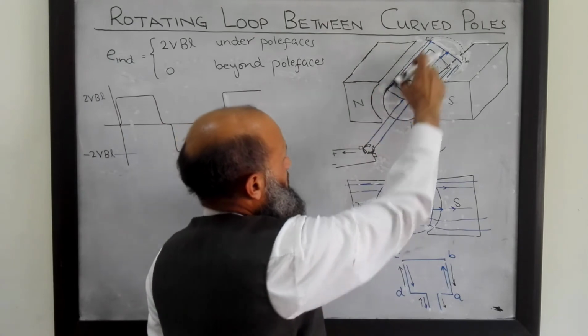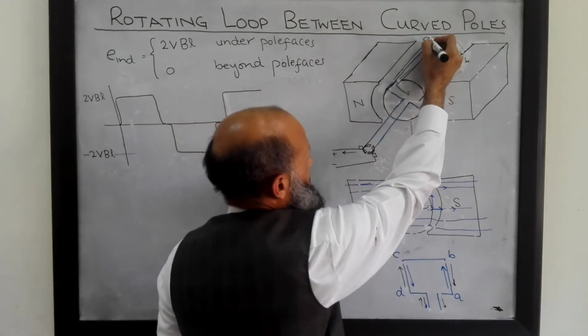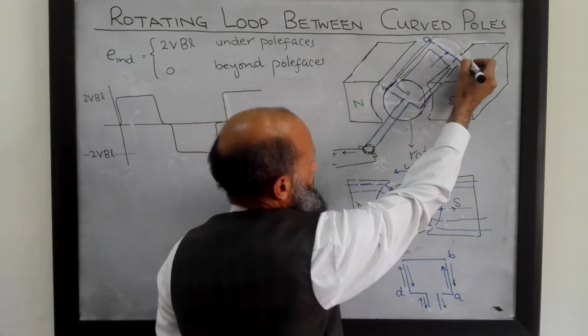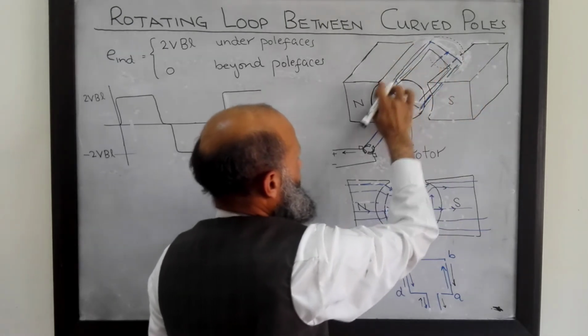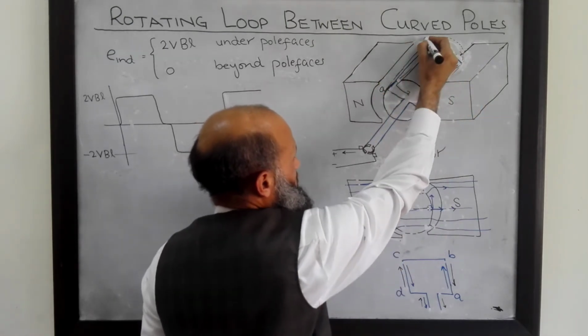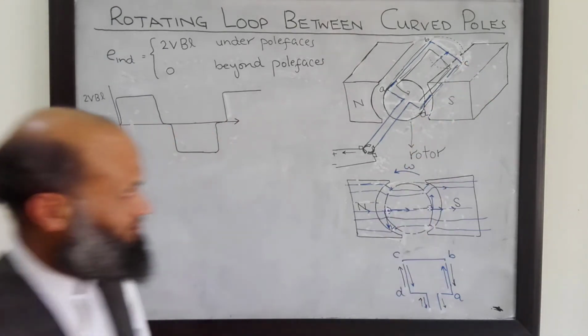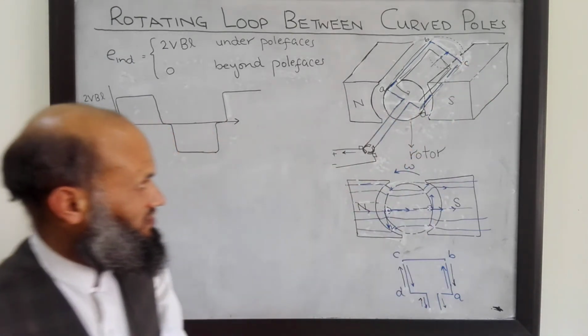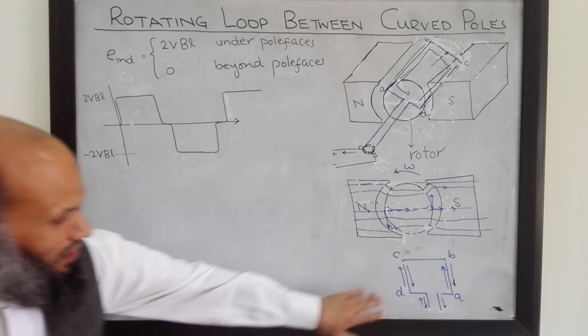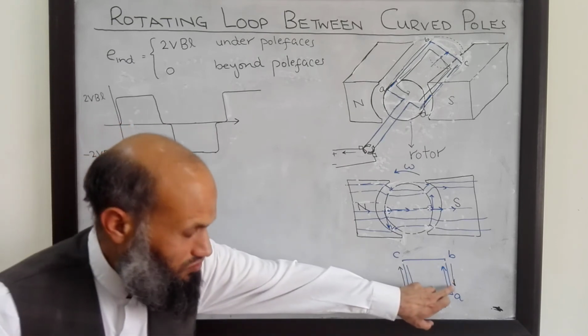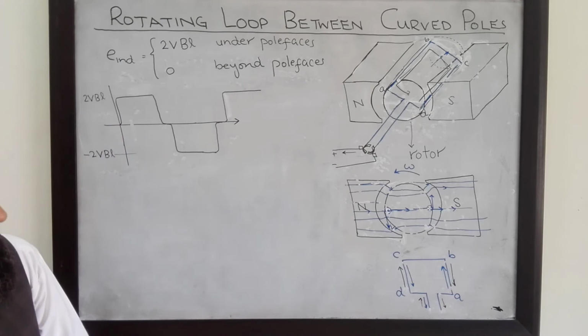That is, now here will be conductor A, B, and here will be conductor CD. And also the polarity of induced voltages would also have been reversed.